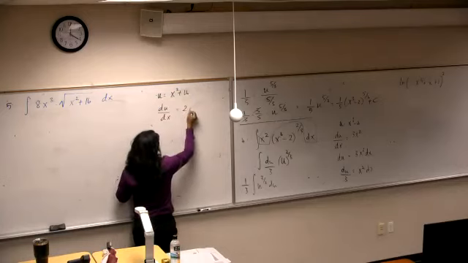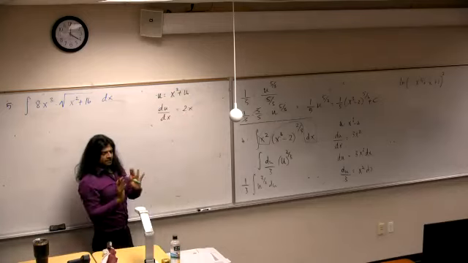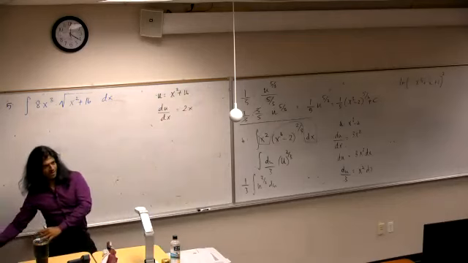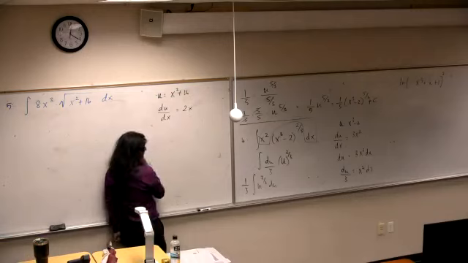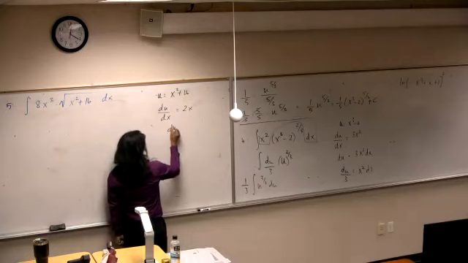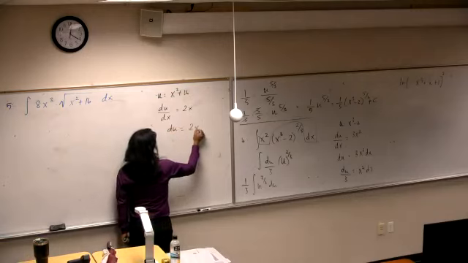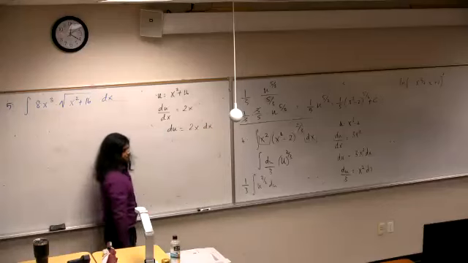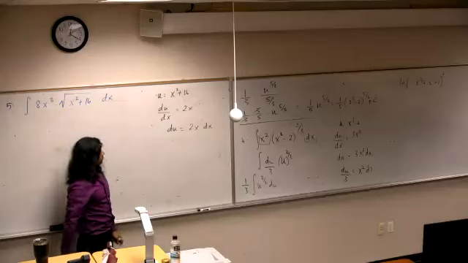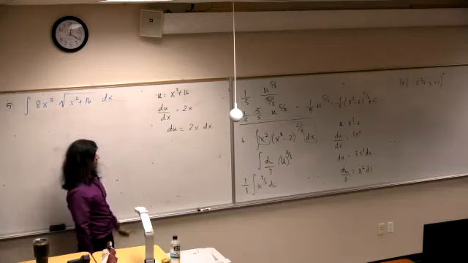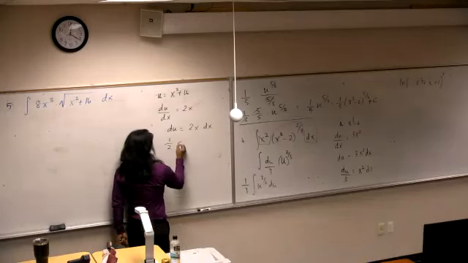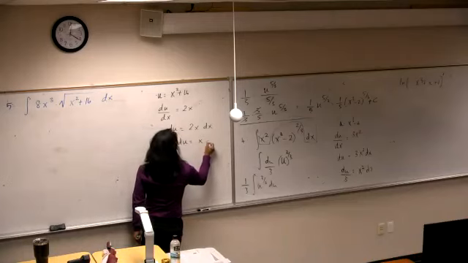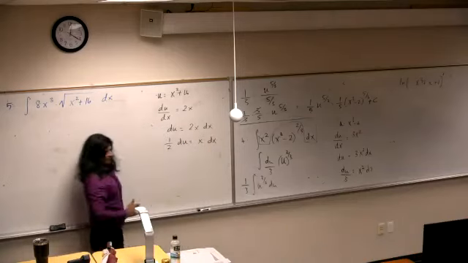And we always like to have x terms on one side, constants on the other, so multiply by dx on both sides. Du is 2x dx. Move that 1/2 to this side. You have 1/2 du equals x dx.